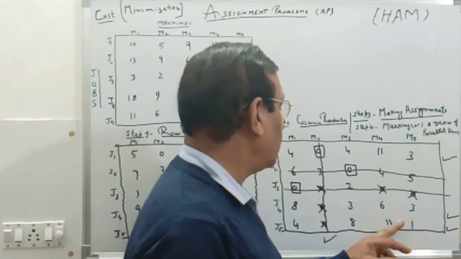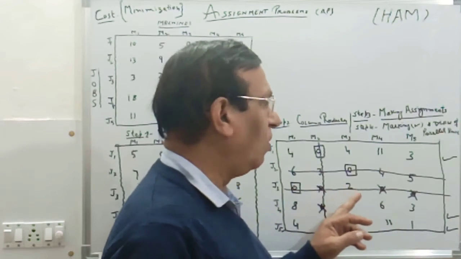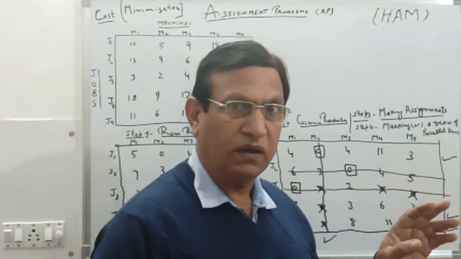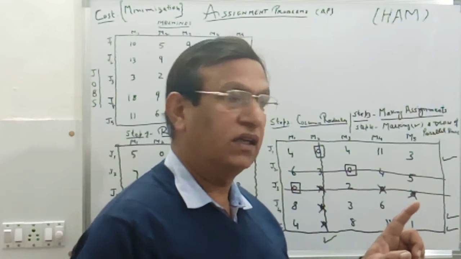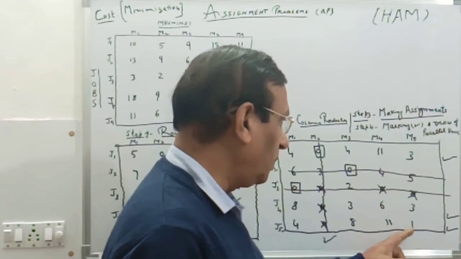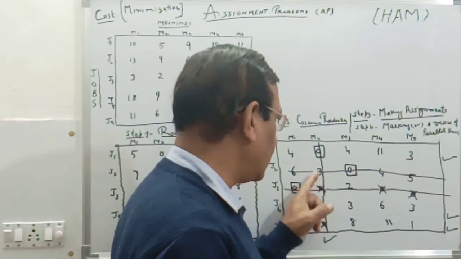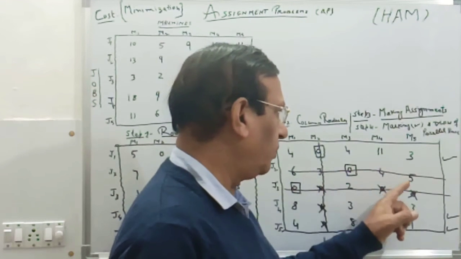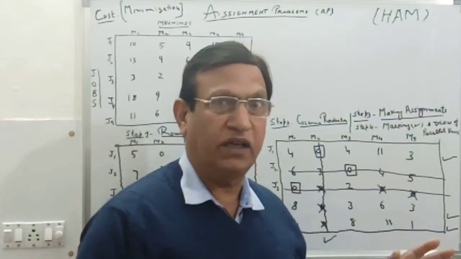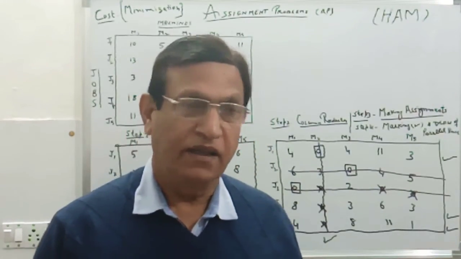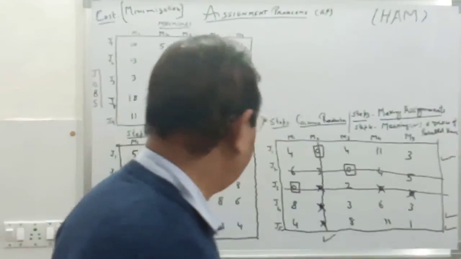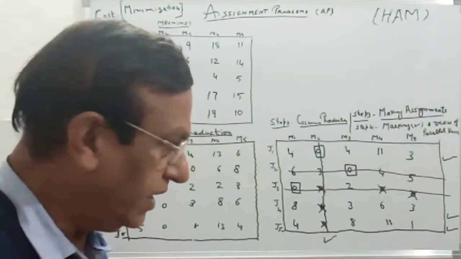So subtract this minimum element from all the uncovered elements, add this minimum number to the elements lying at the intersection of the lines, and other elements are to be left as it is. So then we will shift to the next table, revised table.